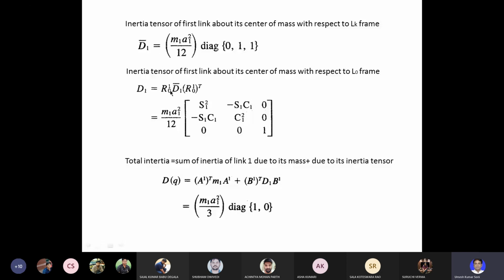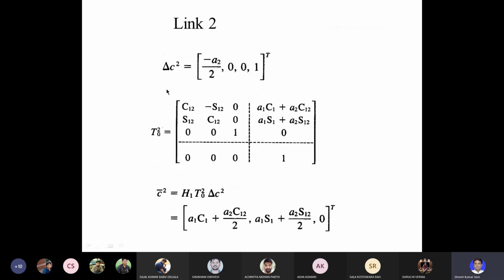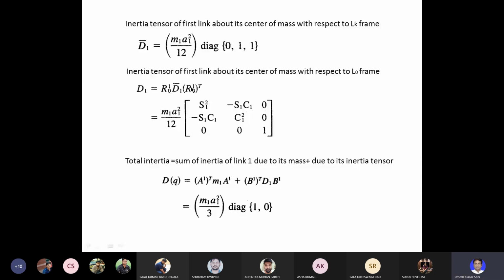Now you are calculating the inertia tensor of its center of mass with respect to the base frame. Then you will use the matrix R10 and the transpose of R10. So calculate this, how it comes. You have to calculate this.